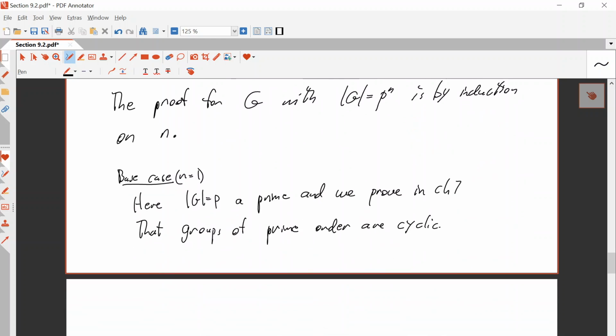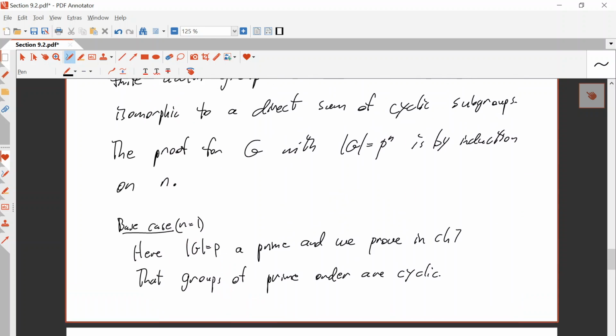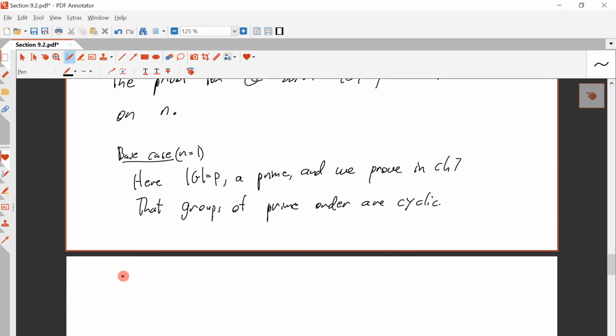All right, the base case is when n is equal to 1 in p to the n. So here the order of G is p, a prime, and we proved in chapter 7 that groups of prime order are cyclic. So now the induction step.